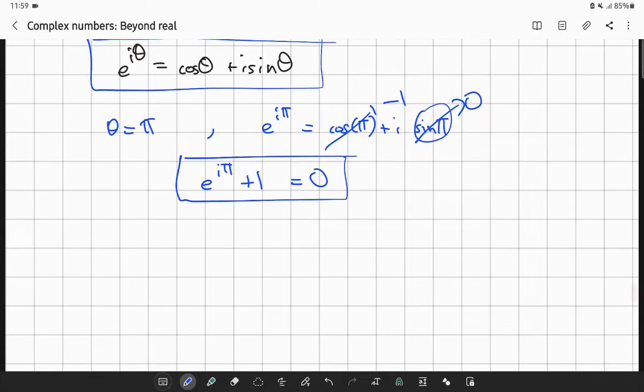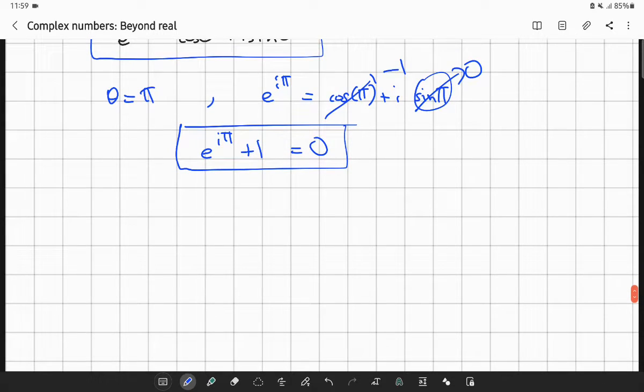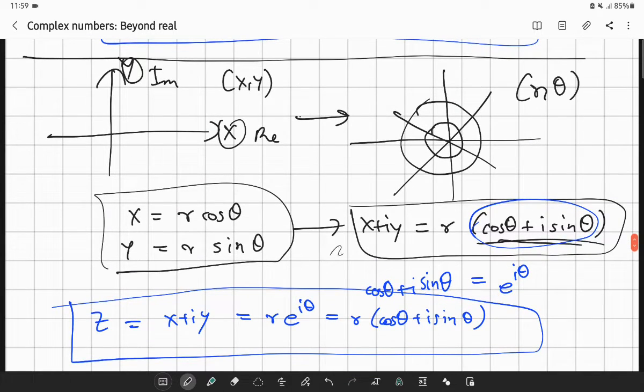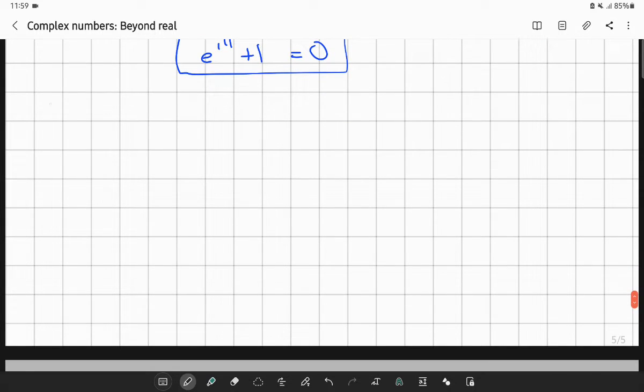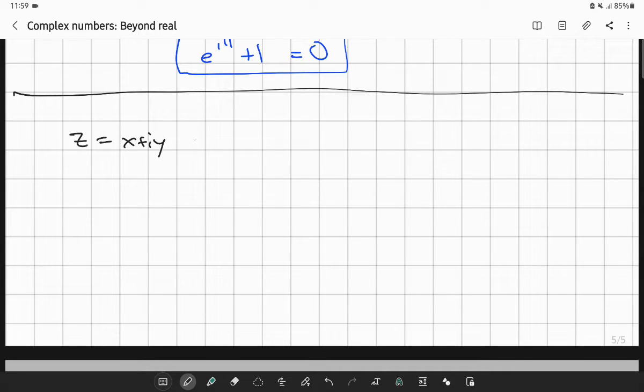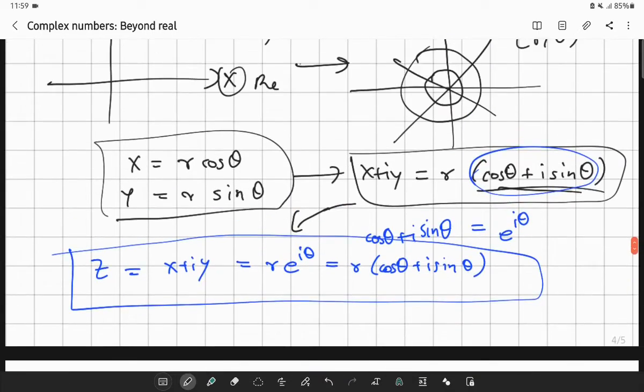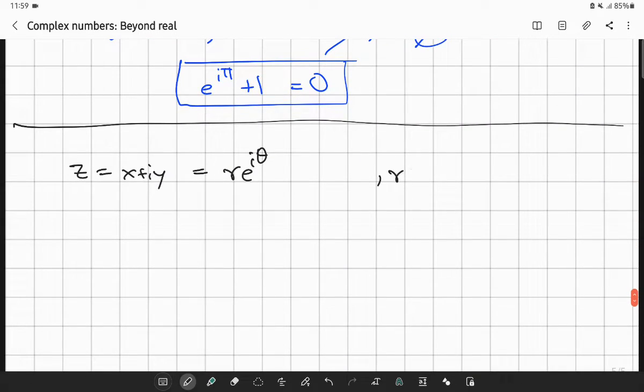Well, okay, so now I want to go back to the polar representation, because that's where we left off before we proved this. So we said that z in the standard form is x plus iy, and in the polar representation is r e raised to i theta, where r is defined as the modulus, the square root of the modulus squared.